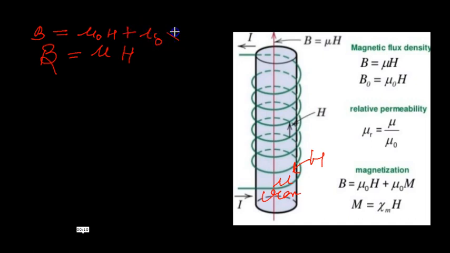That means mu becomes equal to mu naught into 1 plus chi. This is a very important relation.